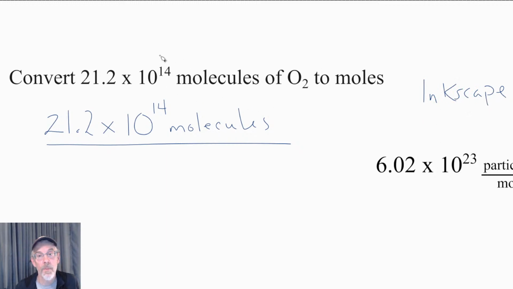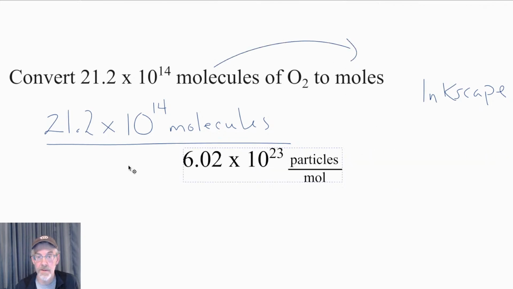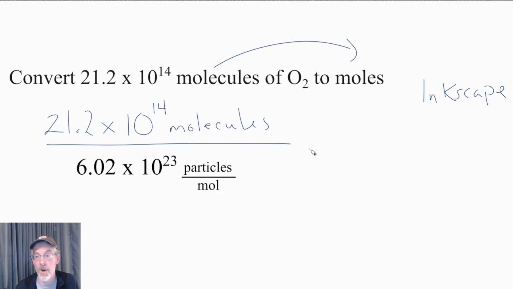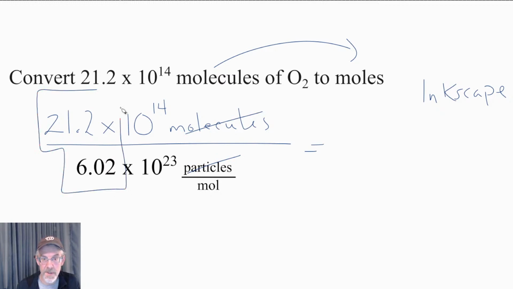So for this problem, we're going from molecules to moles. So we divide by Avogadro's number. So that's how I set this problem up. Then since you have molecules and particles, they're the same thing on top, cross them out. Then I'm going to divide these numbers here. When you divide these numbers, you'll get, I can't remember what we got, 3.52.